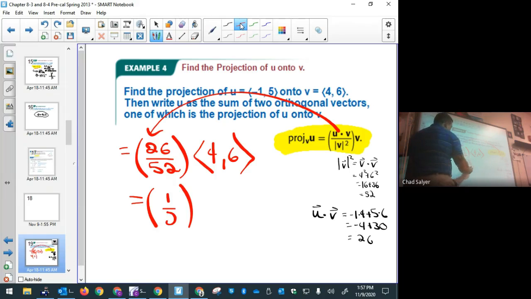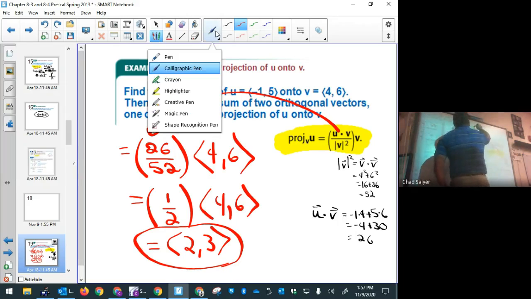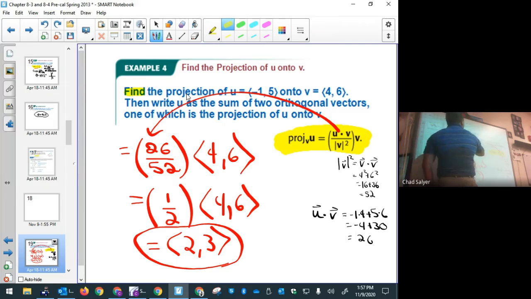Very good. So that's the answer to the first question they posed.